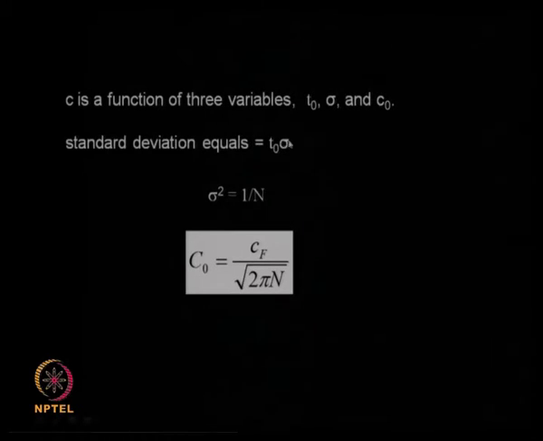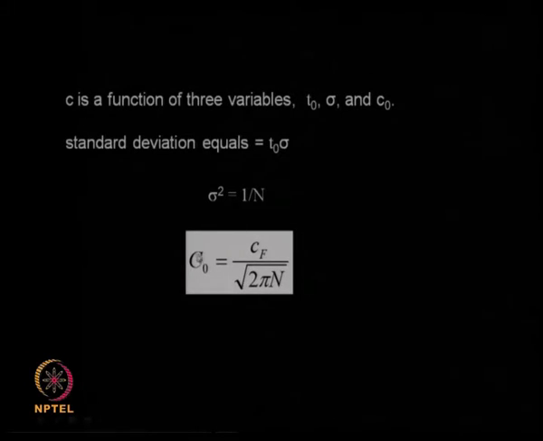From this equation I can calculate sigma, and then from this equation I can calculate n, that is the number of theoretical stages or number of theoretical plates of the column. So it tells you how efficient the column is going to be. That means it tells you the total number of stages in that particular column. So this is going to be a very useful equation. We will look at some problems related to this equation.